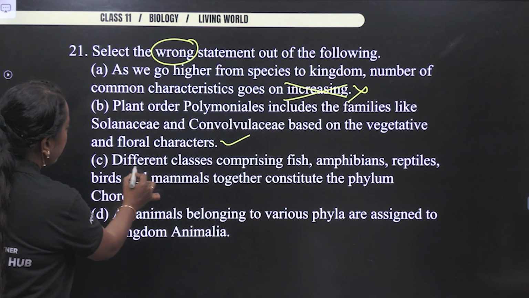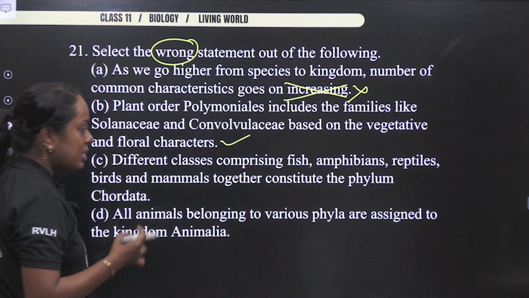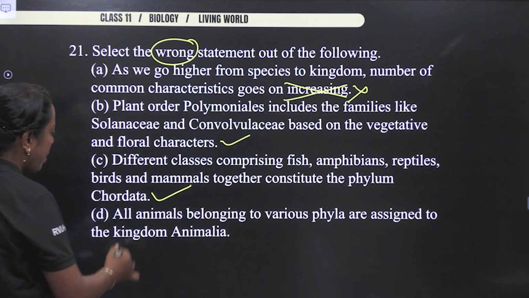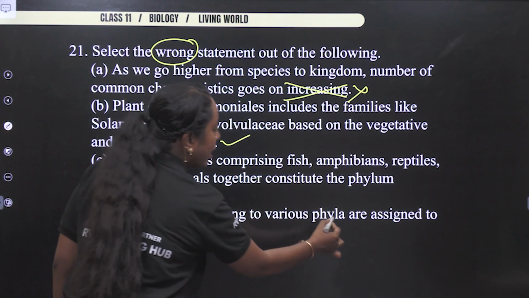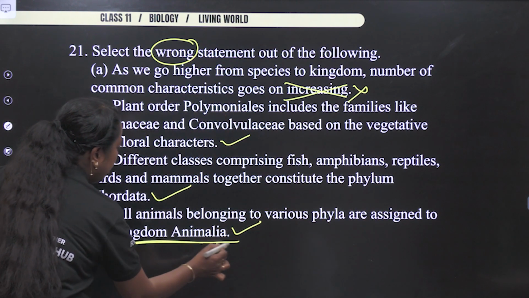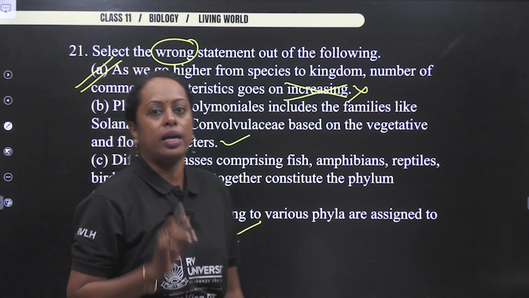Yes. Different classes comprising fish, amphibians, reptiles, birds and mammals together constitute the phylum Chordata. Correct. All animals belonging to various phyla are assigned to the animal kingdom, that is kingdom Animalia. Yes. So our answer becomes Option A.